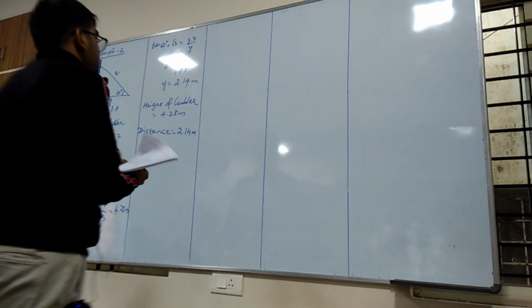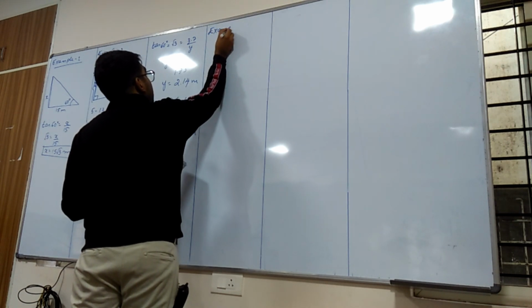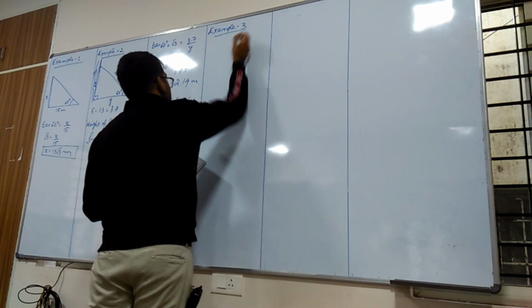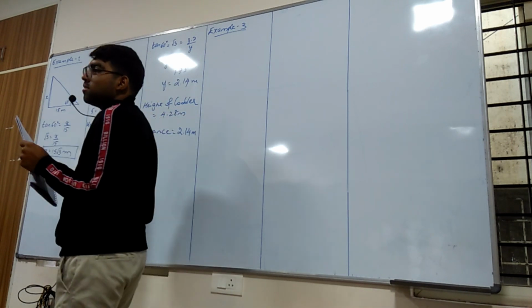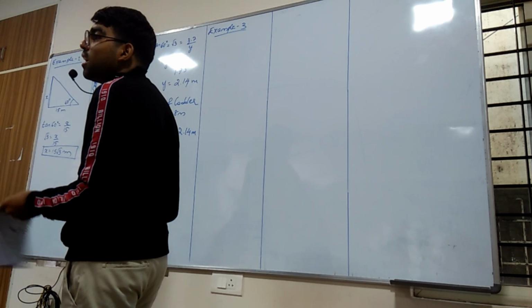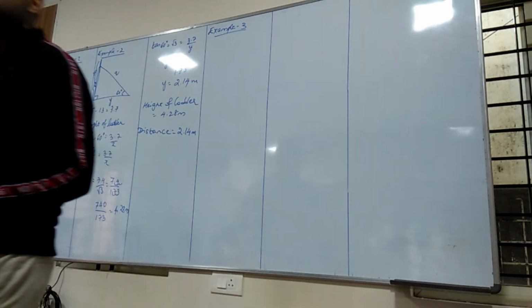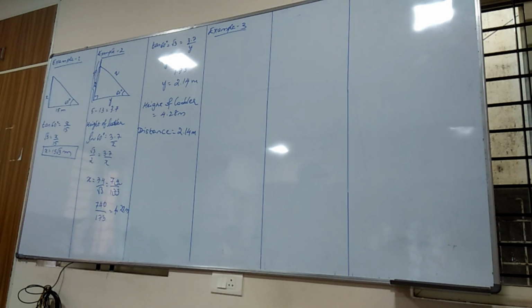Example number 3. Girls, are you getting it? The question is given, and the root 3 value is given. Doubts, any? Girls, any doubts? No? Okay.